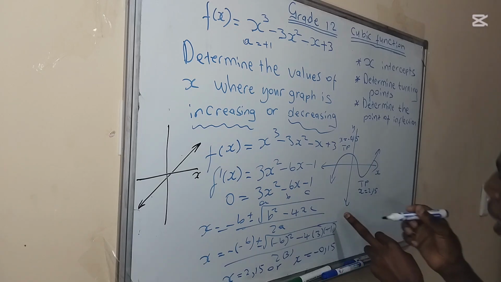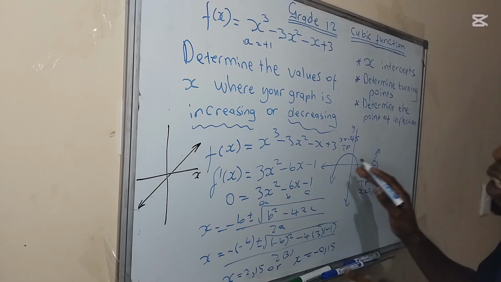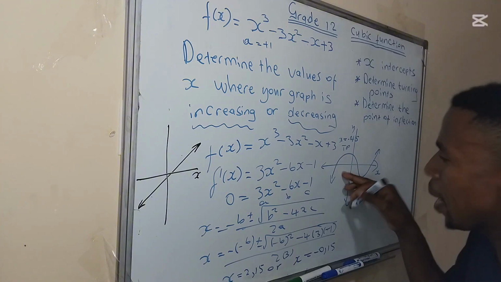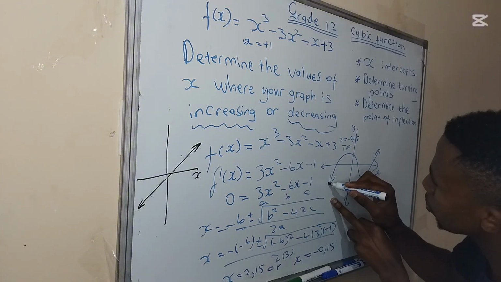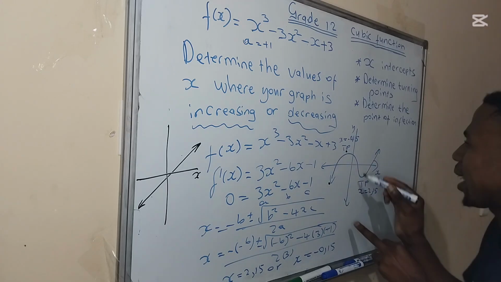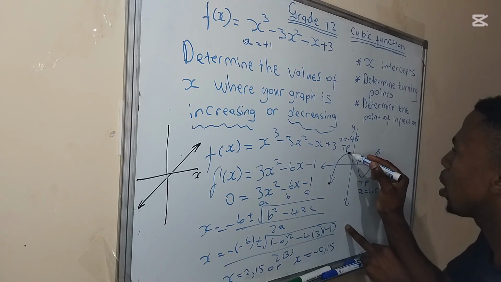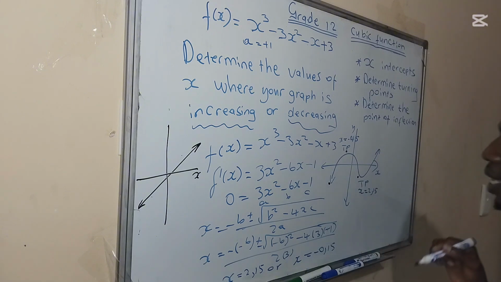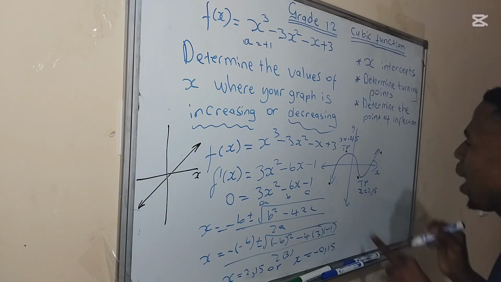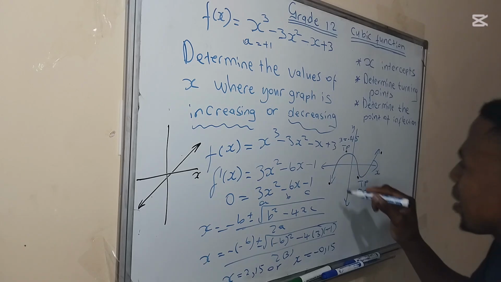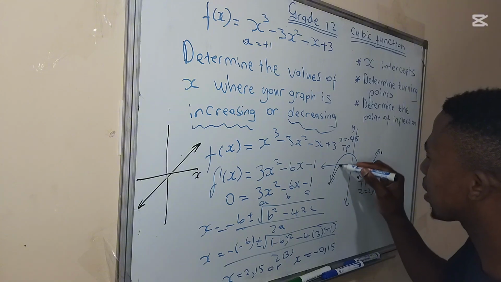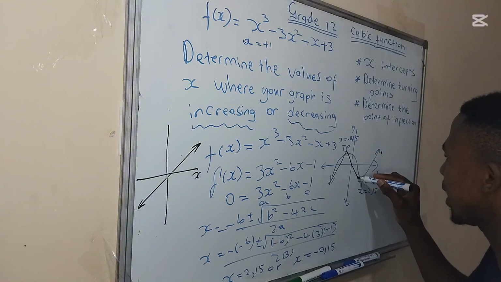So let's assume that this cubic graph has been formed by straight lines, meaning that from this portion to this portion we have our first straight line. Then again from this portion to this portion we have our second straight line. From this portion to this portion we have our third straight line, which means the cubic function can be formulated by joining these points, right?